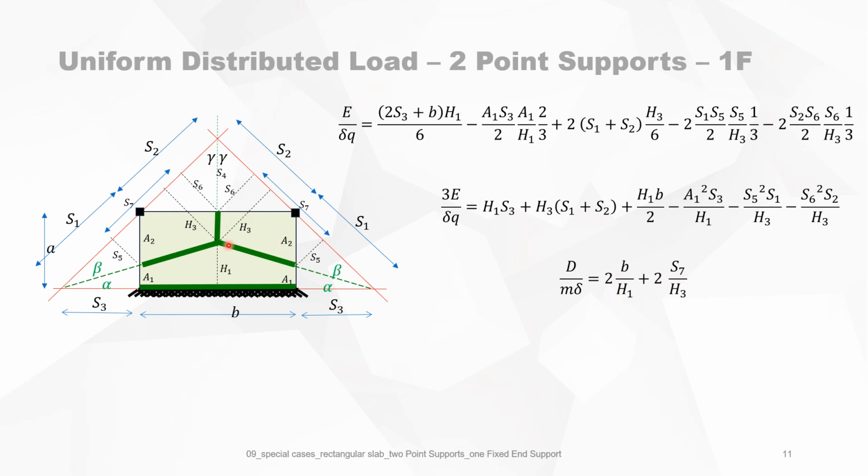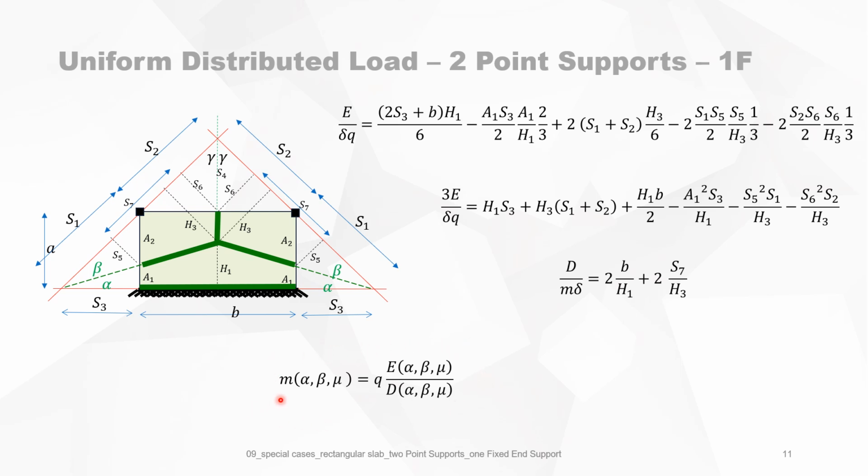And then we got this portion projected on the axis of rotation. So the length is S7 times the angle of rotation, which is delta over H3, and we got it 2 times, left and right. So that's this formula. The only difference with video 8 is that this is becoming 2 instead of 1 because of this yield line.